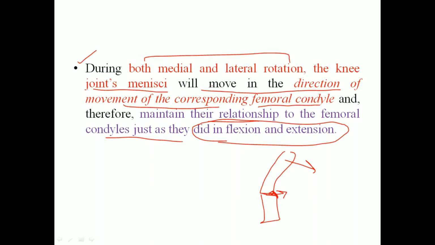For example, if we are doing tibial medial rotation, the tibial medial condyle is going posteriorly and the tibial lateral condyle is going anteriorly. So the meniscus will not move with this direction of the tibia, it will go with the direction of the femur. So how it goes, we will see.